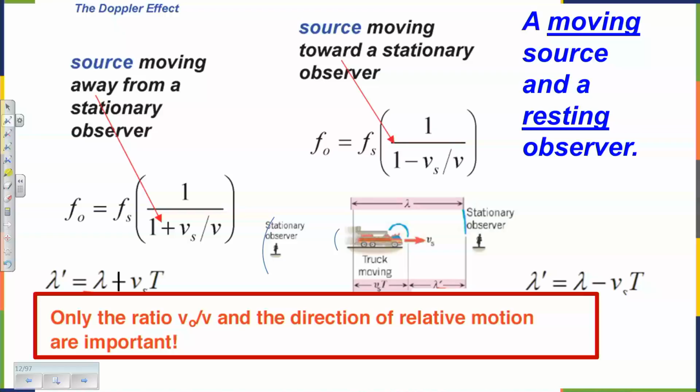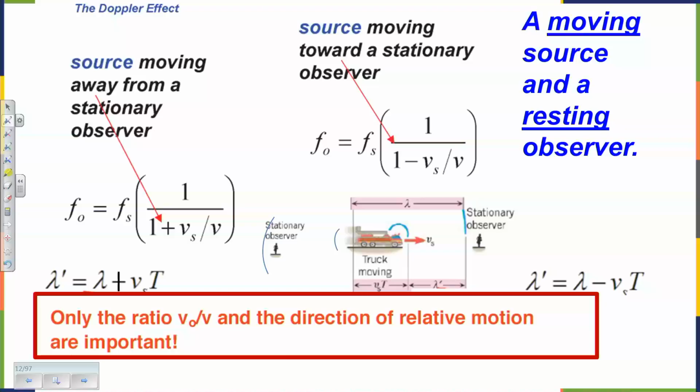And here, we need to either get a clear understanding of when we choose a minus and when we choose a plus, or we should just memorize it. The equation is the same. When do we choose the minus? When the wavelength shrinks and frequency goes up.